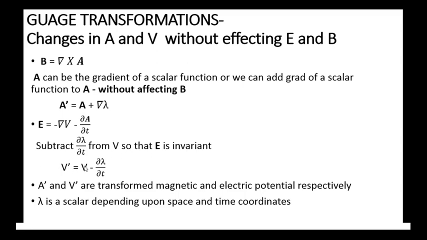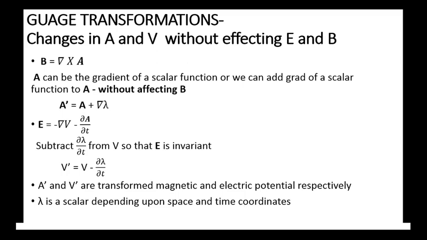So that V will become V dash now, so that V dash is equal to V minus dou lambda by dou T. Here also V got changed to V dash, but substituting V dash here, there will not be any change in E. So that A dash and V dash are transformed magnetic and electric potentials respectively. And lambda, what is lambda? Lambda is a scalar and it depends upon the space as well as time coordinate.